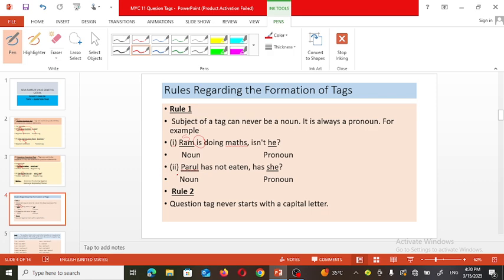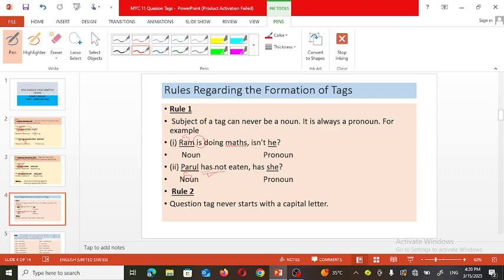Now see the other example. Parul has not eaten. This is a negative statement. Here Parul means a girl, so the pronoun we can use is she. Has is the to be form used.